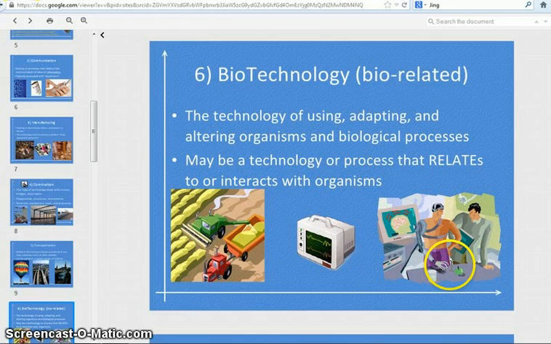So even DNA testing, or the understanding of DNA, where it's being applied to cloning, or even disease control or curing, that would fall under biotechnology. It's using science. It's applying science, our human knowledge, to this.